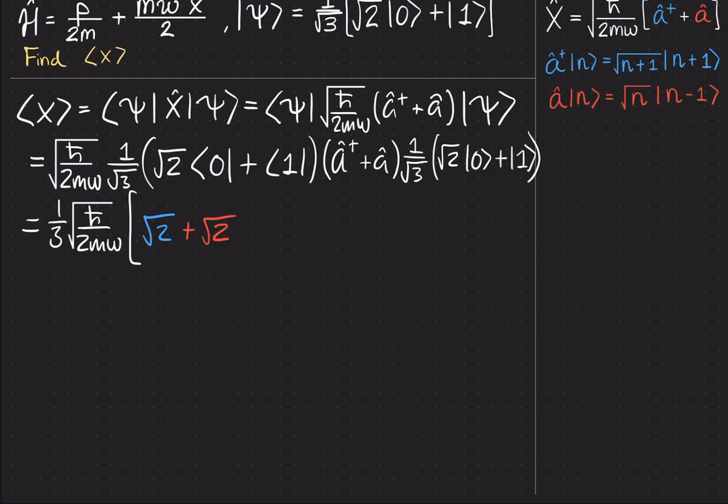So let's go back to blue, and we're going to have bra 1, lowering operator acting on this, so 0 and then root 2. Is this going to give us anything? We can see that we have the lowering operator acting on the 0 state, so this is going to kill it off, and we can immediately discard it. Perfect.